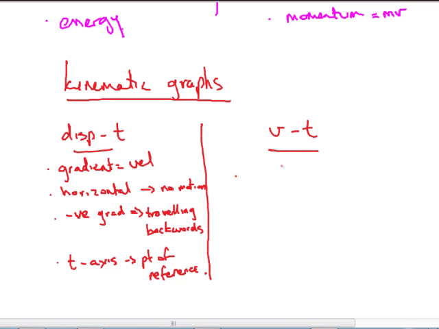For velocity time graph, when you get your gradient, that's going to be change in v over change in t, which is our acceleration equation. So your gradient gives you your acceleration. When it's horizontal, that tells us that it's moving at constant motion or constant velocity.